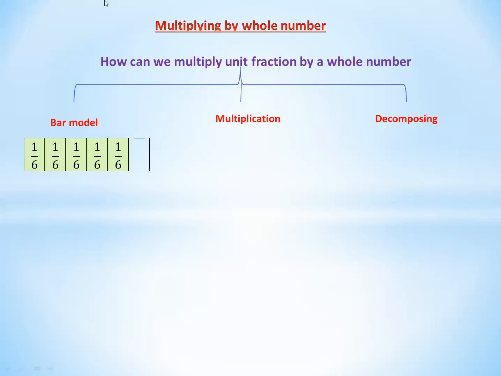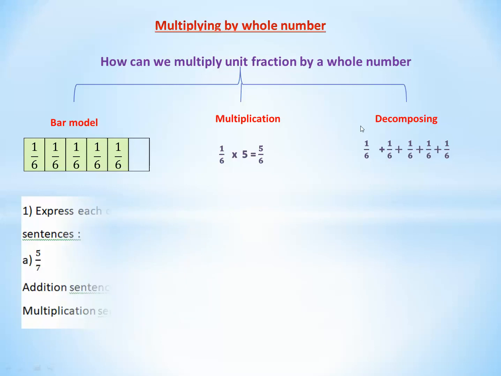So this is 5 over 6. Multiplication: I multiply 1 over 6 times 5. It will be 5 over 6. Decomposing 5 over 6: it will be 1 over 6 plus 1 over 6 plus 1 over 6 plus 1 over 6 plus 1 over 6.